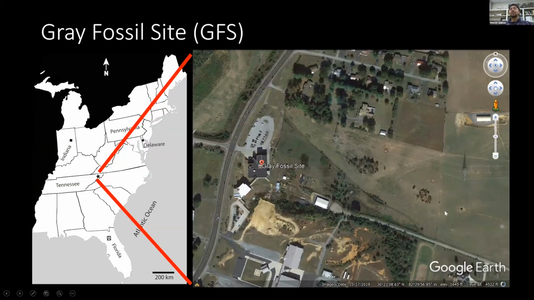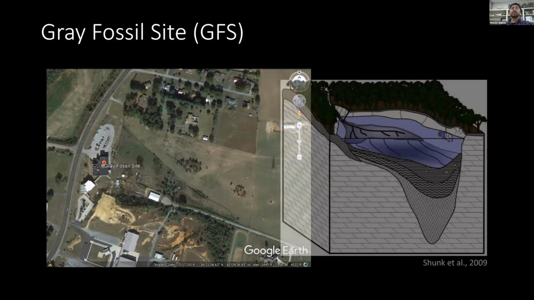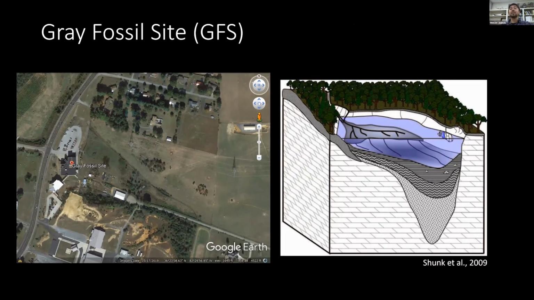And so if we focus on the Gray Fossil Site, I won't talk too much about it because many people currently listening or directly part of this are well aware of it. In Eastern Tennessee, you're getting a locality that's from the earliest Pliocene and probably the earliest Blancan, and you're getting a sinkhole pond type environment.